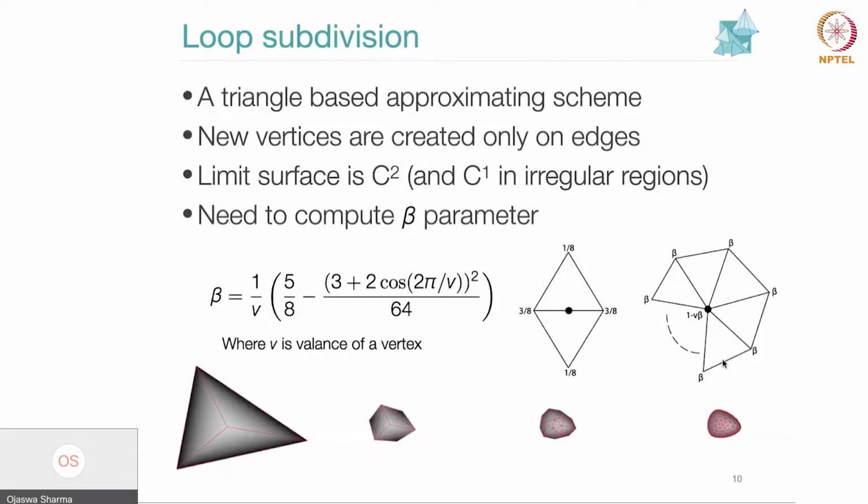For updating the old vertices, you have to calculate this beta weight, which is given by this expression: 1 over v times (5/8 minus a term that depends on the valence again). So v is the valence of a vertex, right? So this is loop subdivision. And a consequence of loop subdivision is that the shape of the object decreases. Of course, eventually it stabilizes at a point, but initially there is observed shrinkage.